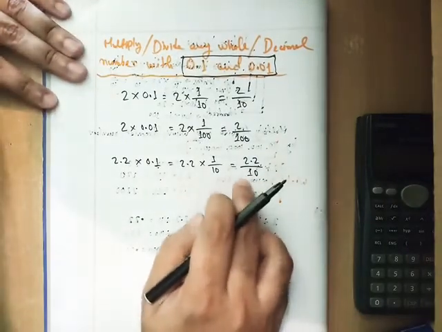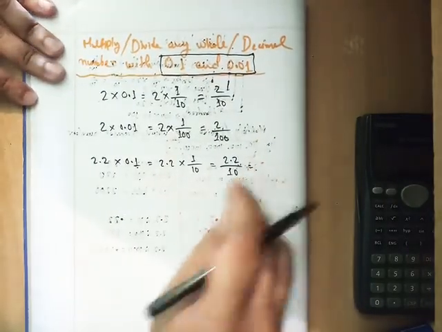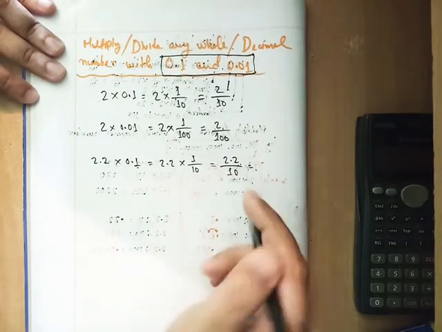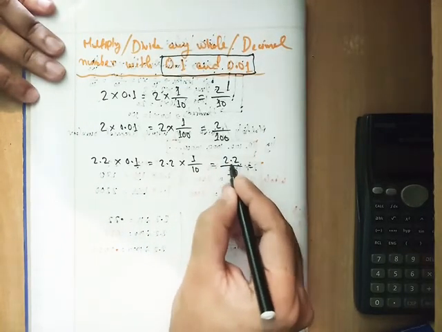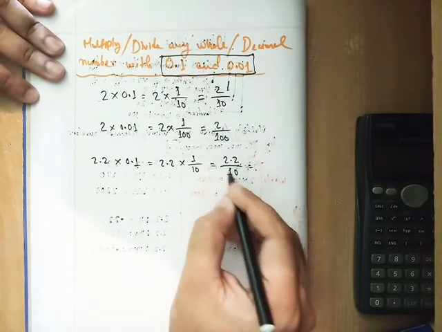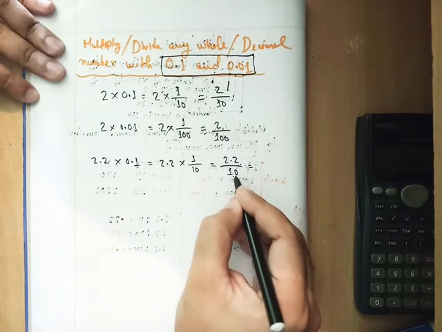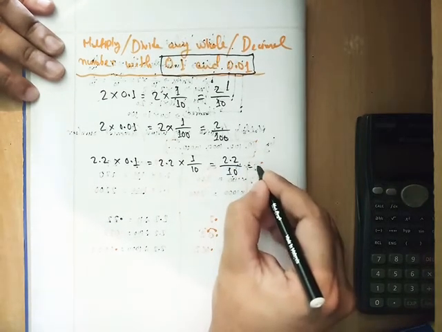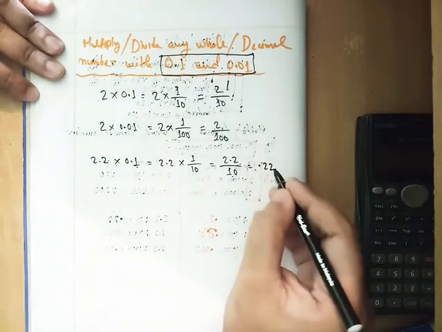Now is the maths finished here? No, because I already know if I am dividing any decimal number by 10, the decimal point will go to the left, and how many places it will go depends on the number of zeros here. I have only 1 zero here, so this decimal point will move 1 place to the left, and the answer will be 0.22.